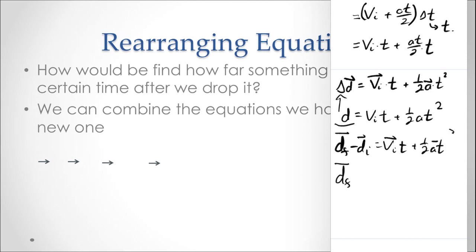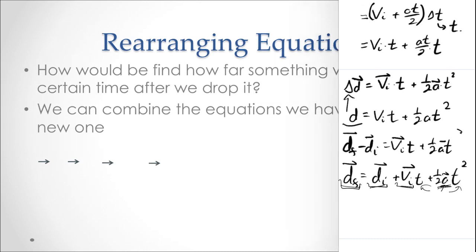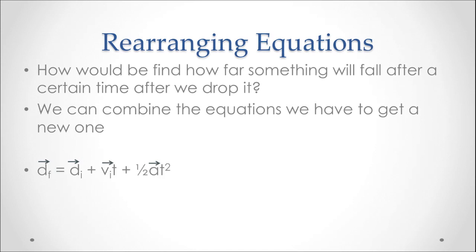And you can take the di and move it to the opposite side of the equation. This equation gives you the final position if you know the initial conditions and the constant acceleration. So rewritten, this equation is now df is equal to di plus Vit plus 1/2 at squared. This will be one of the most used equations in our next unit that deals with projectiles.